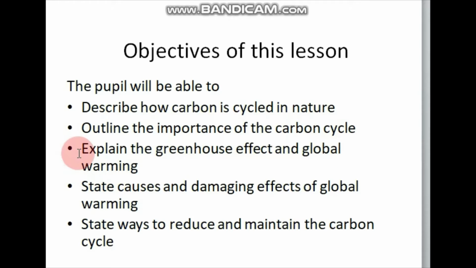You should be able to explain the greenhouse effect and global warming. You should be able to state the causes and the damaging effects of global warming. And you should also be able to state ways to reduce and maintain the carbon cycle.